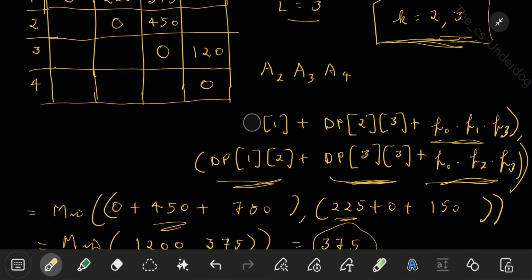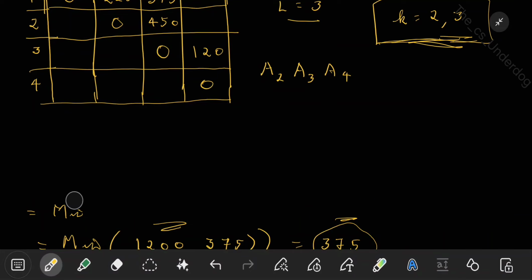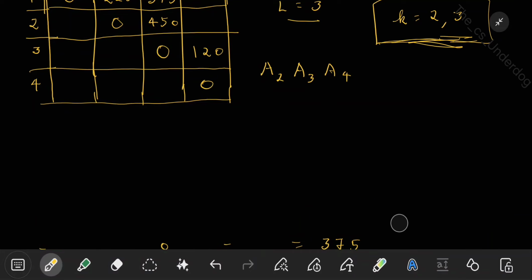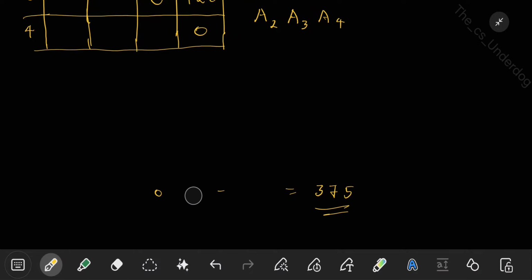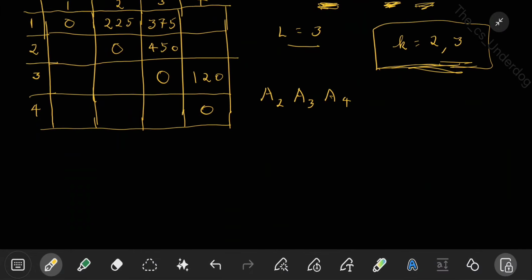I'll erase these. This is erased. Let us do calculations for the new set of matrices, A2 to A4: A2, A3, A4. If you are multiplying these, there are again two splits possible. One is here, one is here. We'll take k equal to 2 and k equal to 3.